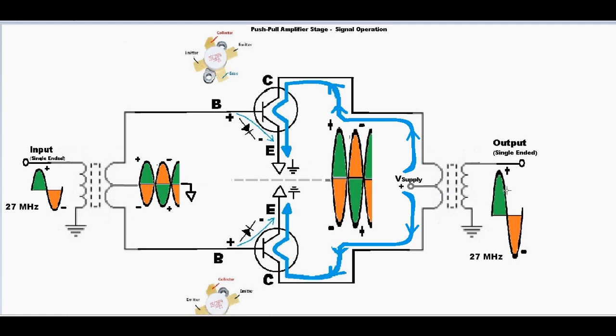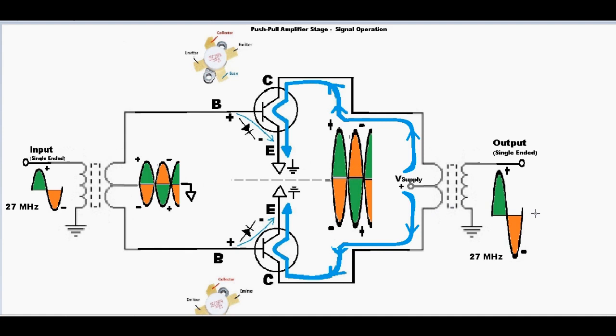First we have a positive going pulse on the upper half flowing upwards, and then we have a lower negative going half cycle because of the flow in the opposite direction on the lower half of the center tap transformer, inducing through the air gap, inducing a large amplified carrier cycles in the single-ended output.